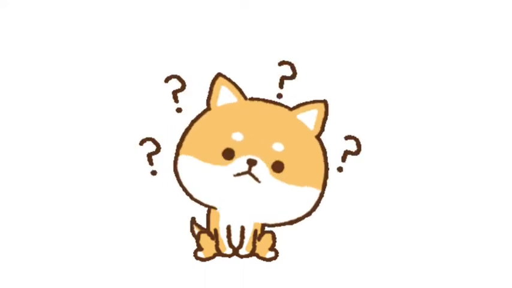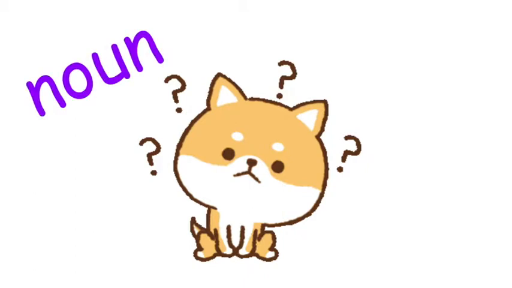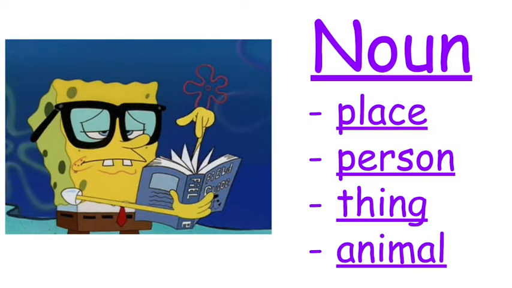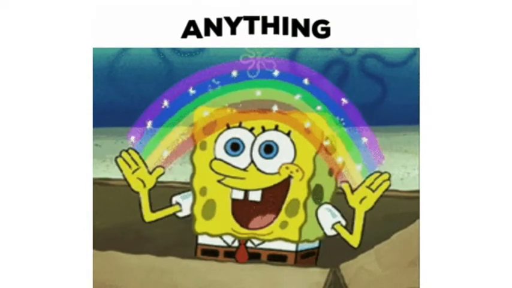First, as review, let's remember what a noun is and what a verb is. If you remember, a noun can be a place, a person, a thing, or an animal. So really, a noun can be anything.